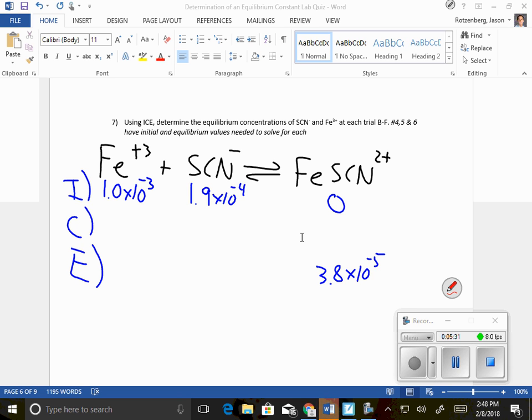If I started off with 0 of the FeSCN, and I ended up with 3.8 times 10 to the negative fifth, that value must be what X is in this particular problem. Which means both reactants, since it's all a 1-to-1 ratio, are losing that amount. So then I can solve for, at equilibrium, my reactants as well.